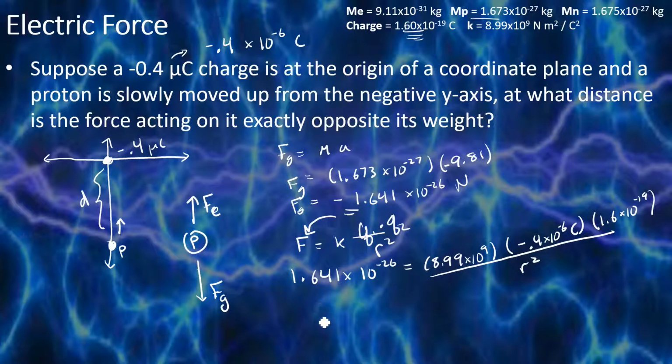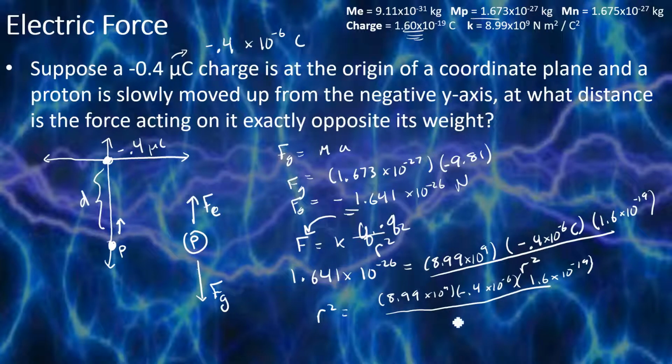So if I cross multiply, what I'm ultimately going to get is r squared equals 8.99 times 10 to the ninth times negative 0.4 times 10 to the negative 6 times 1.6 times 10 to the negative 19. Now these are opposite, so I do expect opposite charges to attract. All would be divided by this number right here, 1.641 times 10 to the negative 26. And then at the end, R is going to be the square root of that answer.